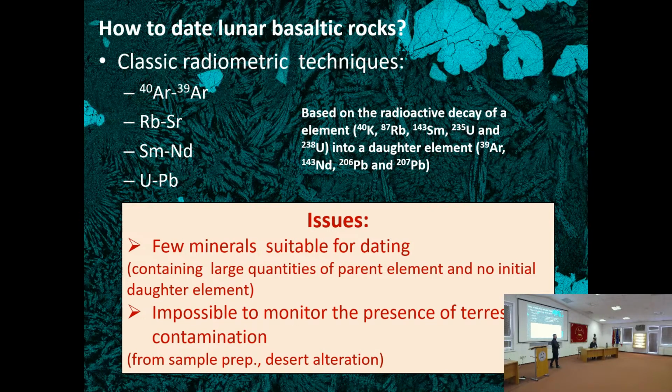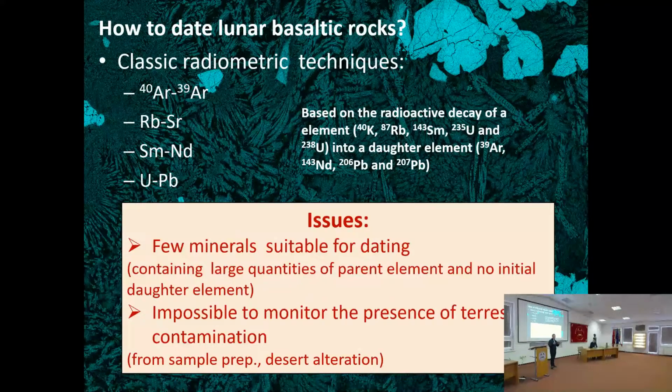In practice, this approach is very difficult to implement because we don't have minerals containing a lot of parent elements and no daughter element. And especially for meteorites, we cannot monitor terrestrial contamination.